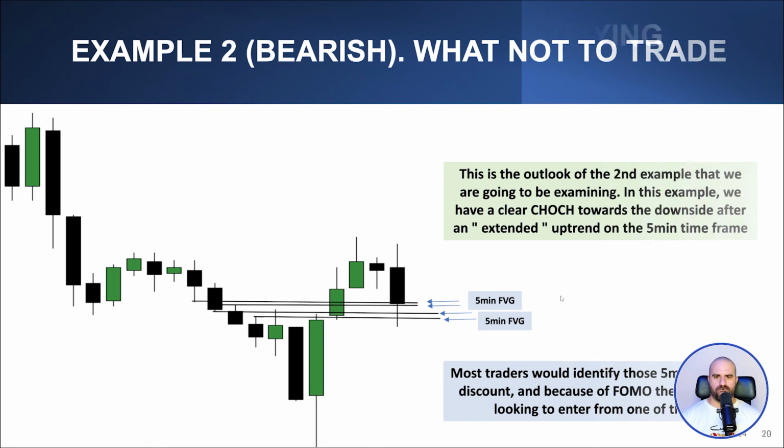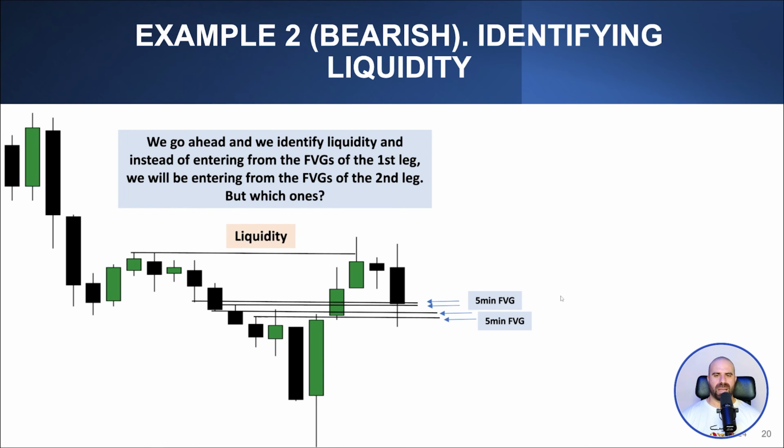We will not be doing that. Instead, we will be going ahead and we will be identifying some form of liquidity. Is there some liquidity? Yes. It is the retracement of leg number 1 before we created leg number 2. This right here is your liquidity. So we have some liquidity being created.